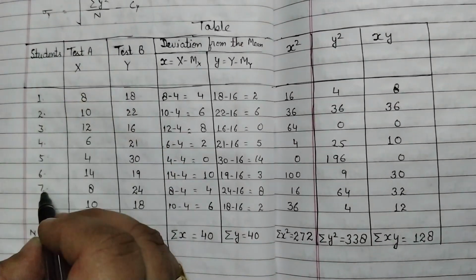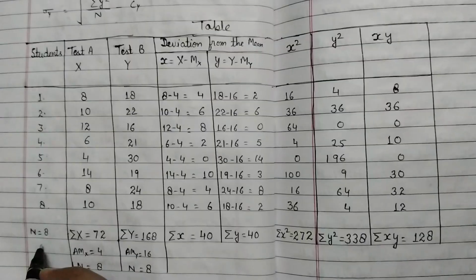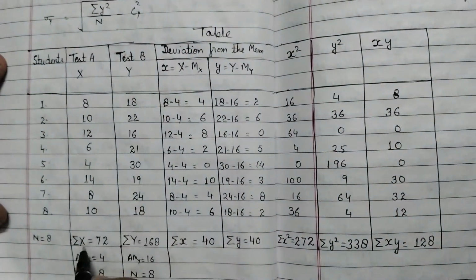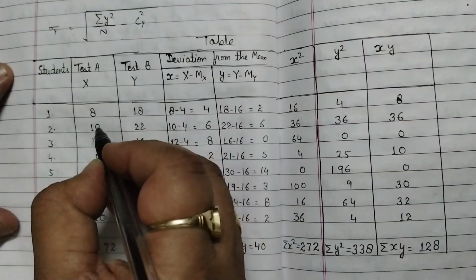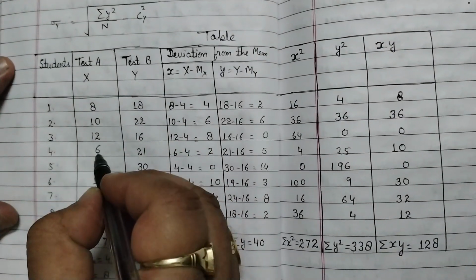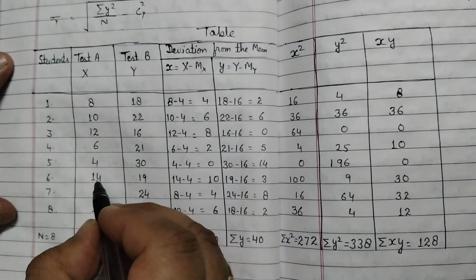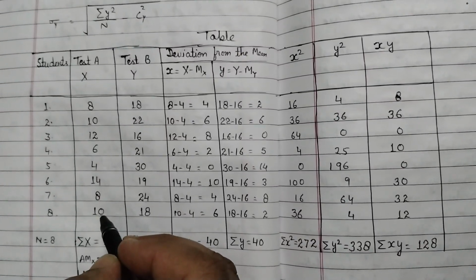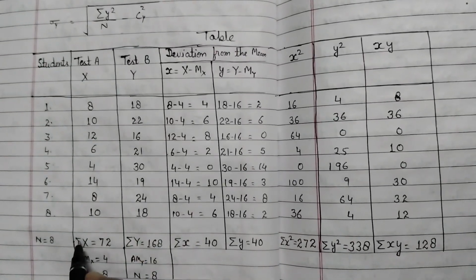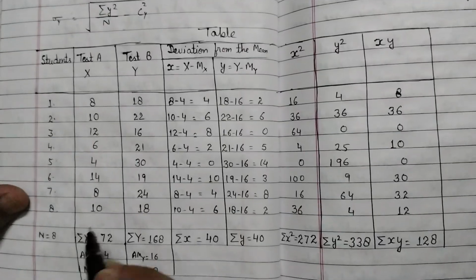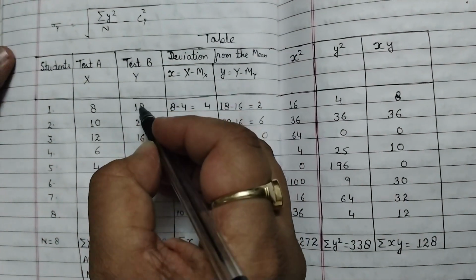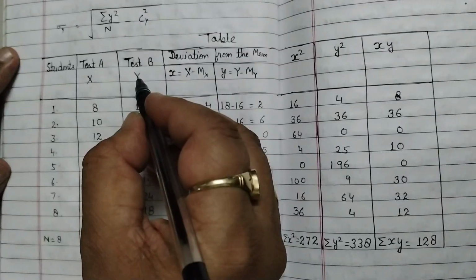Now there are 8 students, so n is equal to 8. Now sum up all these scores to get summation x. So 8 plus 10 plus 12 plus 6 plus 4 plus 14 plus 8 plus 10 is equal to 72. So this is called summation x. Similarly, for test B, sum up all these scores to get summation y.